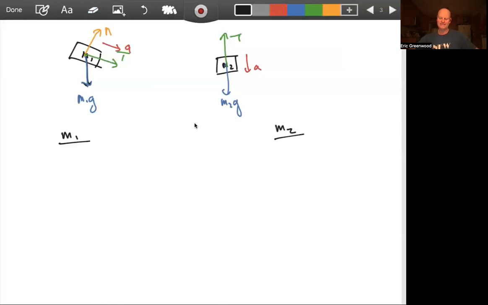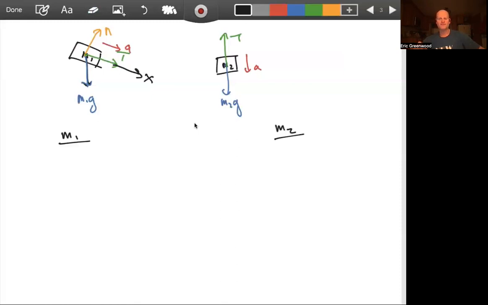Okay. Let's see how we can actually solve these guys together. In the first case, what I know is, again, that my acceleration is going down the direction of the plane. So what I'm going to do in this case is use down the direction of the plane as my positive x direction.